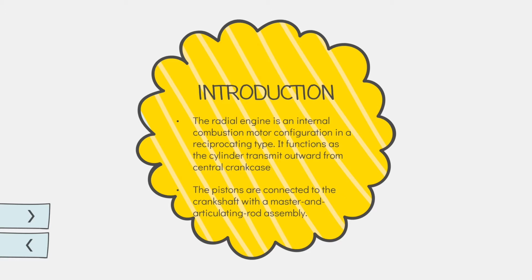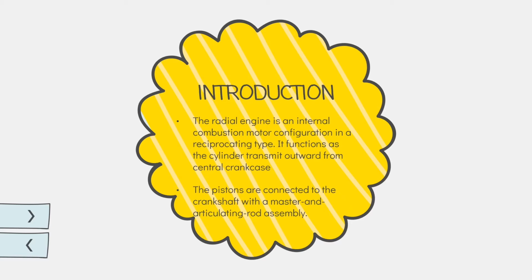The design works as the axes of the cylinders are coplanar and connecting rods cannot be attached directly to the crankshaft unless mechanically complex fork connecting rods are used. Instead, the pistons are connected to the crankshaft with a master and articulating rod assembly.